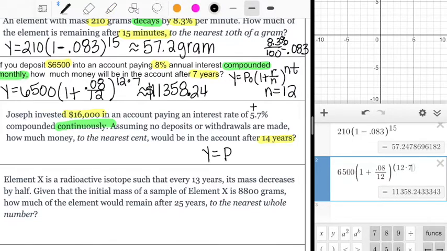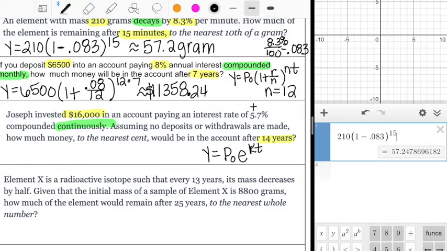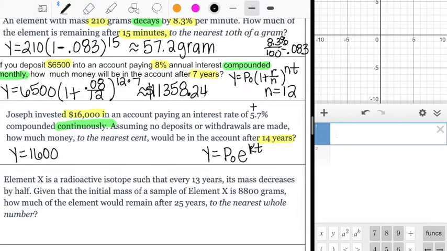Now, remember, our formula is our initial value times e raised to kt or rt. I don't really care which one you use. So my initial value is going to be 16,000 times e raised to 0.057, because I'm going to take that and divide it by 100, and times 14 years. So 16,000, and actually I need to put another 0 because I did 1,600.